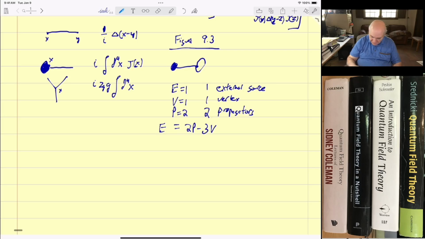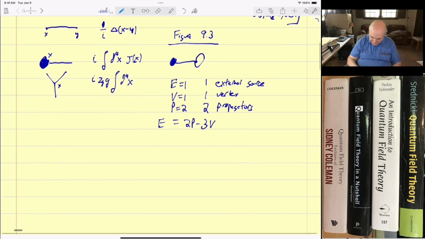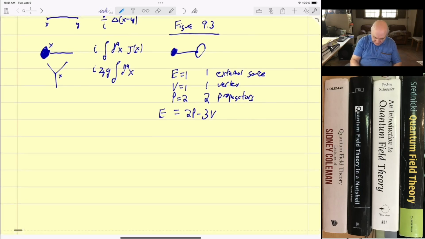And the claim is, there's two claims, if you look at figure 9.3. Claim 1 is there is only one connected diagram with E equal 1, V equal 1, P equal 2.